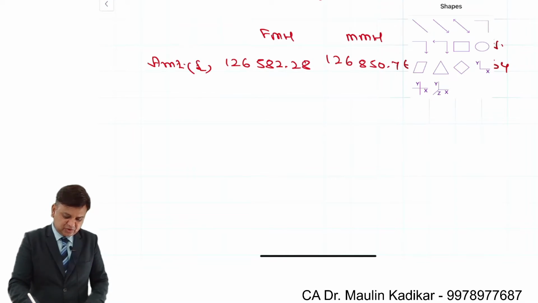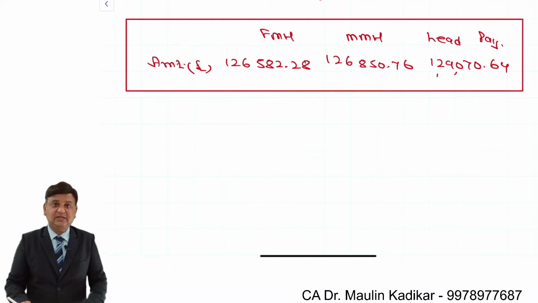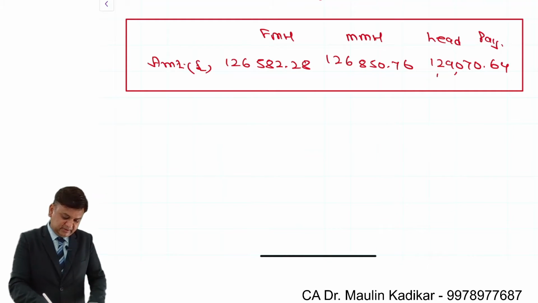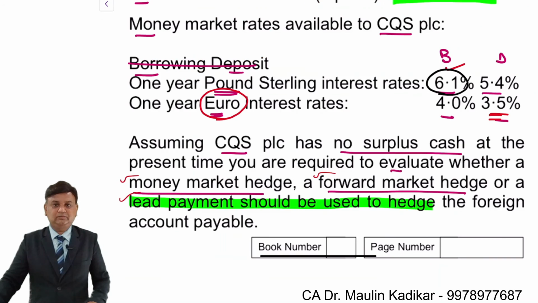Now we make a comparison of all three of them, and the alternative which is having the least payment will be selected, because this time we are required to make the payment, and it is the forward market hedge. So this is the way we can take decision.